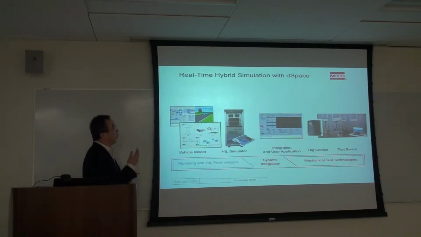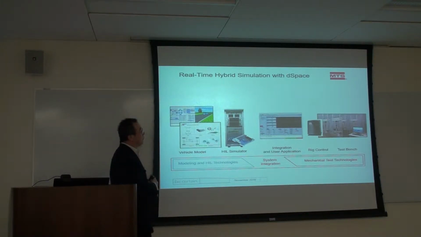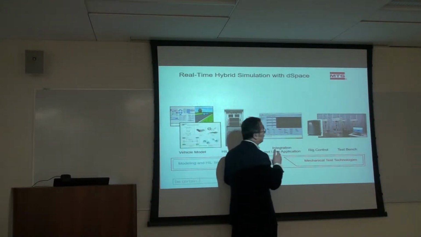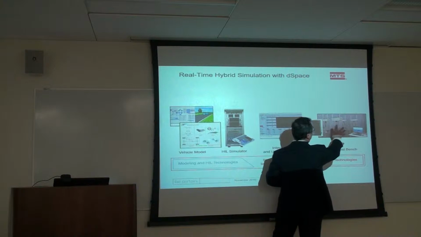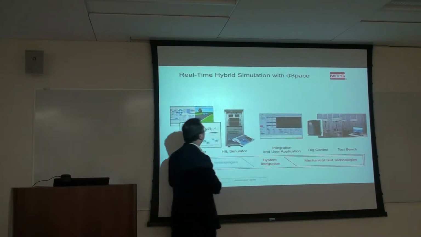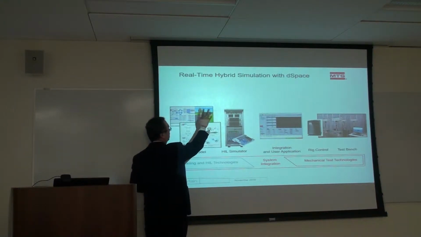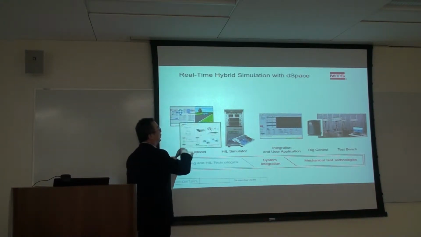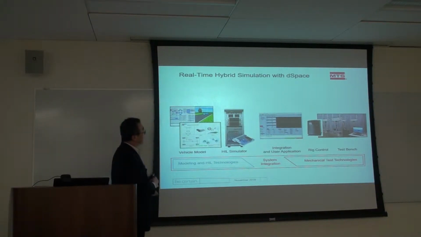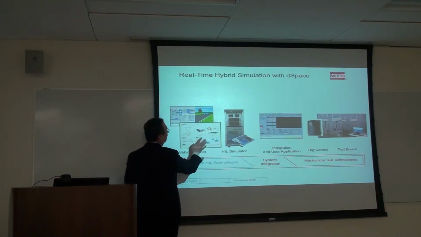For example, this is a system MTS developed. The physical substructures are these four dampers. The rest of the model, the proving ground, the vehicle and the body, all of that is in a numerical subsystem, and besides that there is a lot of control stuff.